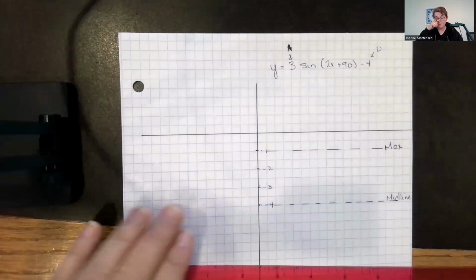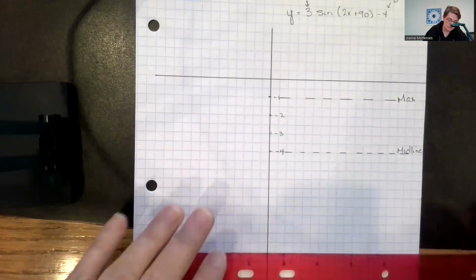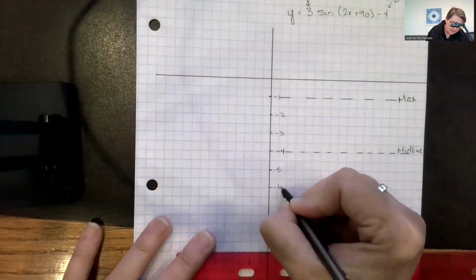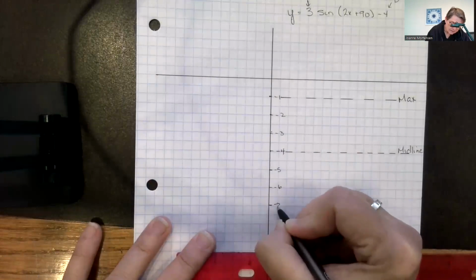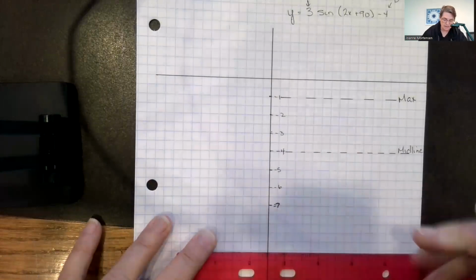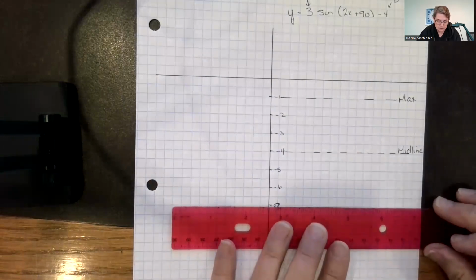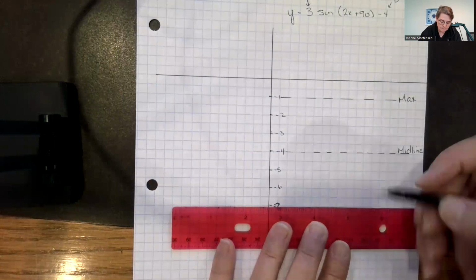And then I'm going to count 3 down. Oops, I better put some more numbers in here. -5. I wrote -7. And this is going to be my minimum.